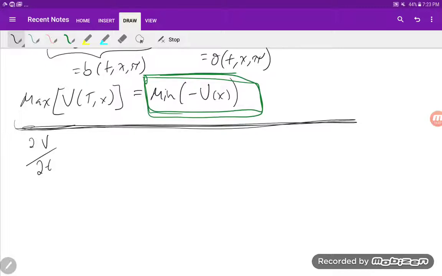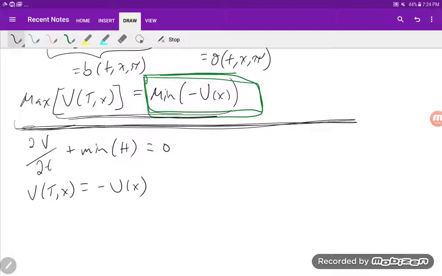So we have the partial derivative of the function with respect to t, plus basically the minimum of a Hamiltonian, equals 0, and we're going to say that our terminal condition is negative u of x.